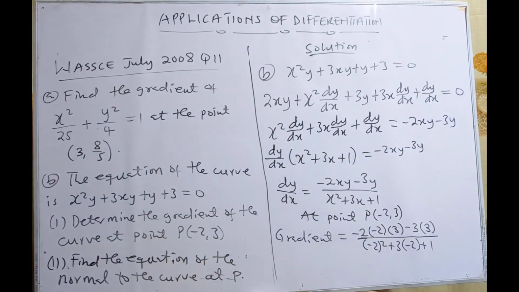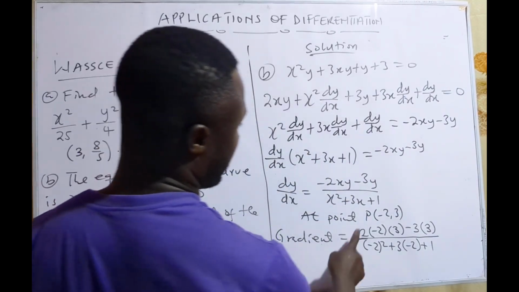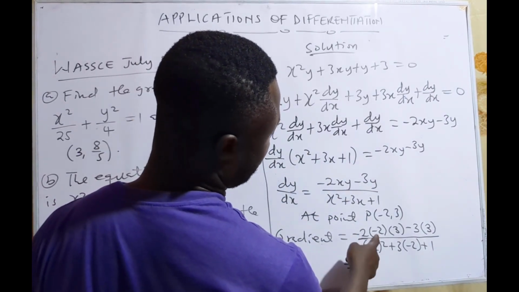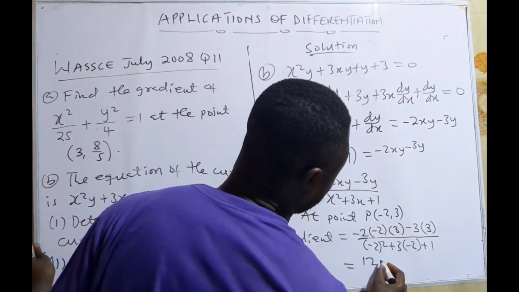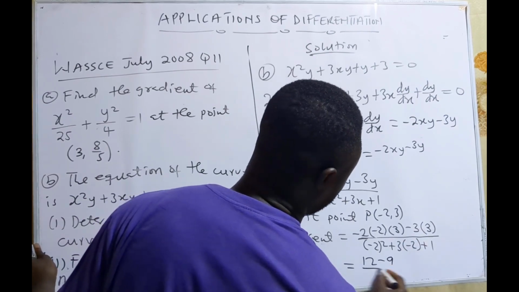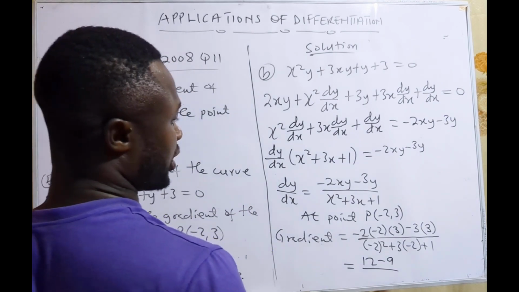Alright, so we are going to simplify. We are going to this and get our gradient. We can have here minus 2 times minus 2 give me positive 4 times 3 will give me 12, minus 3, 9, all divided by minus 2 squared is what? Is 4.